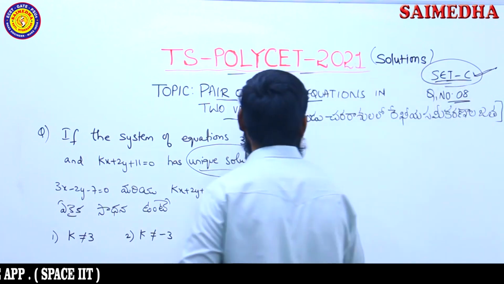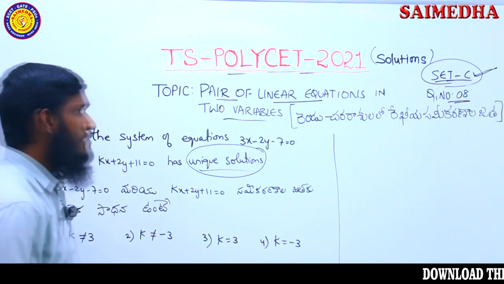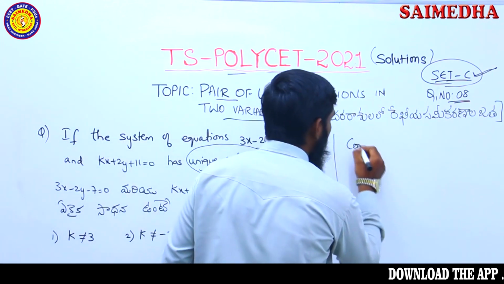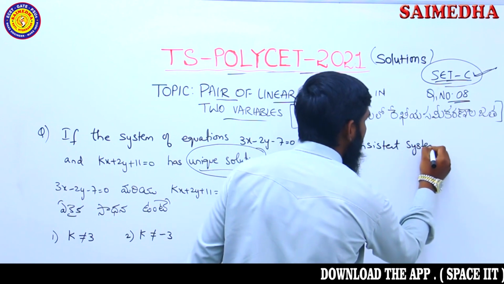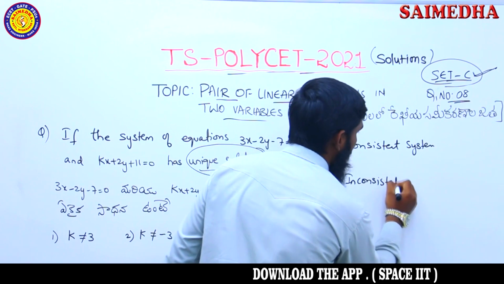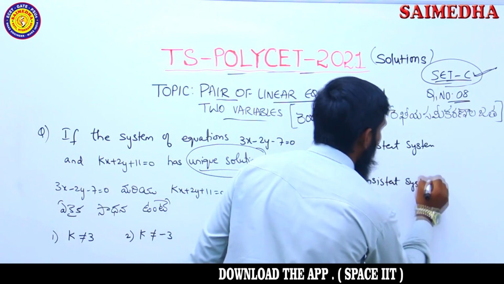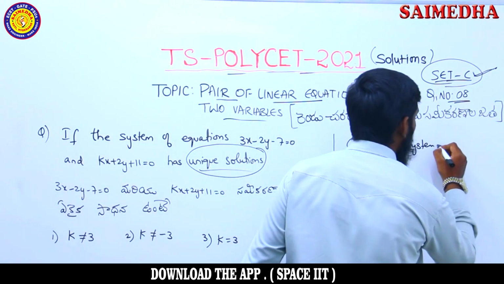So let us write first the condition for unique solutions. As there are two systems, the first is the consistent system and the inconsistent system. So we are having two systems over here. In the consistent systems there will be two cases.